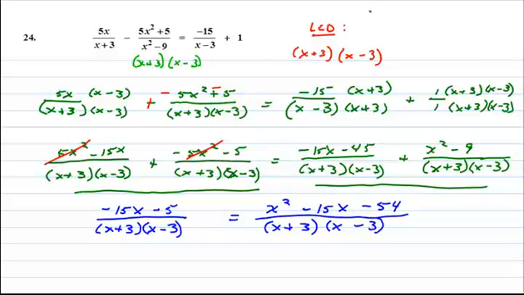And I want to point out that if you cross multiply, because now we do have that special situation where we have two equal fractions, you're going to get a mess. Because when you multiply x plus 3 times x minus 3 by negative 15x minus 5, you're going to get something even larger. Your best bet is to say, hey, if the denominators are equal, then the numerators must be equal, so we have this.